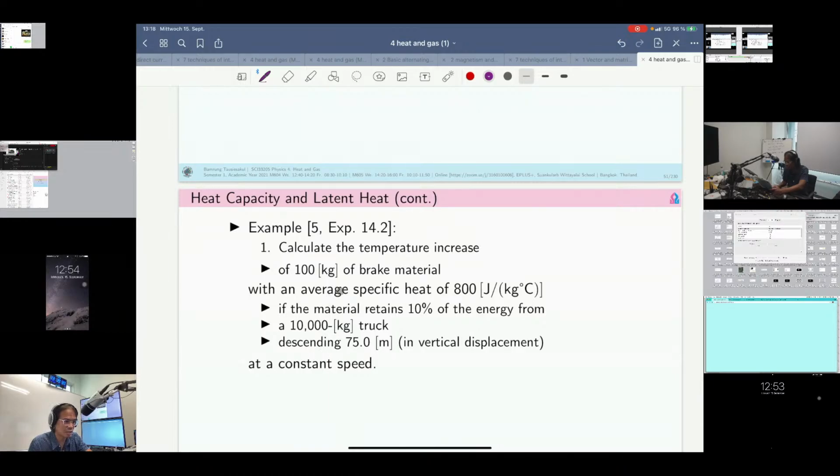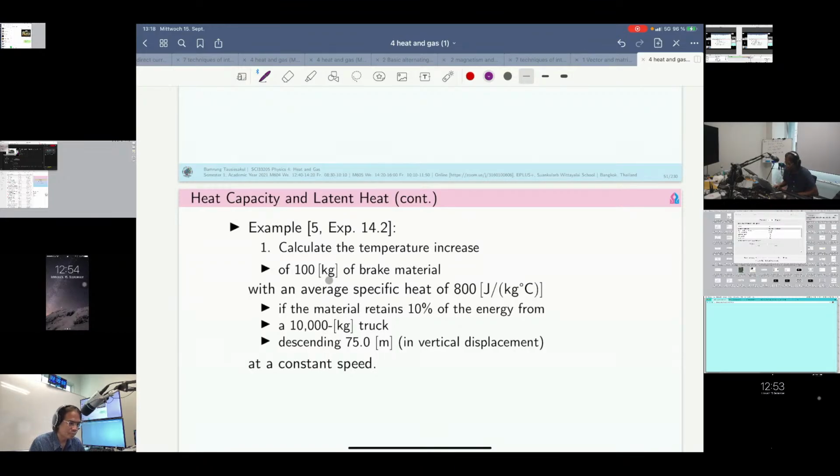They just provide us the mass of the brake pad or brake material, whether it's drum brake or disc brake, but it's quite big, because the truck is big, so the brake should also be big.